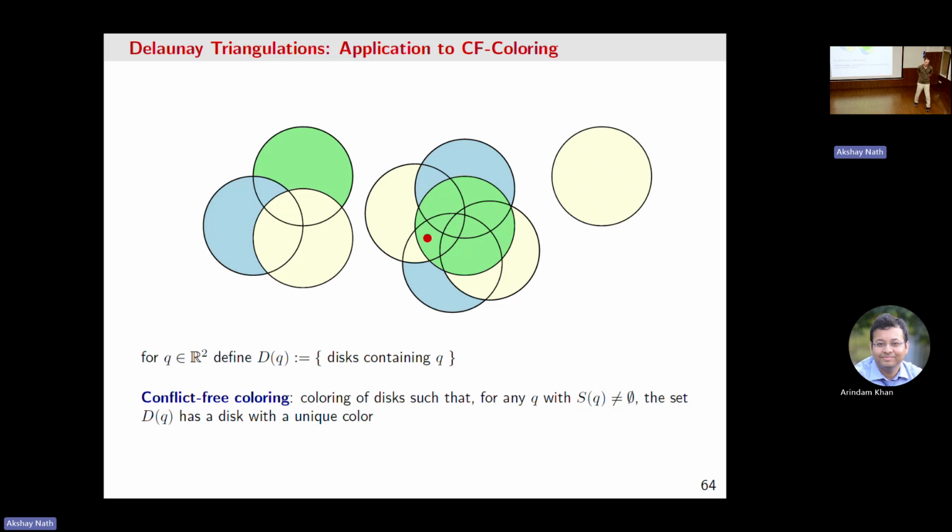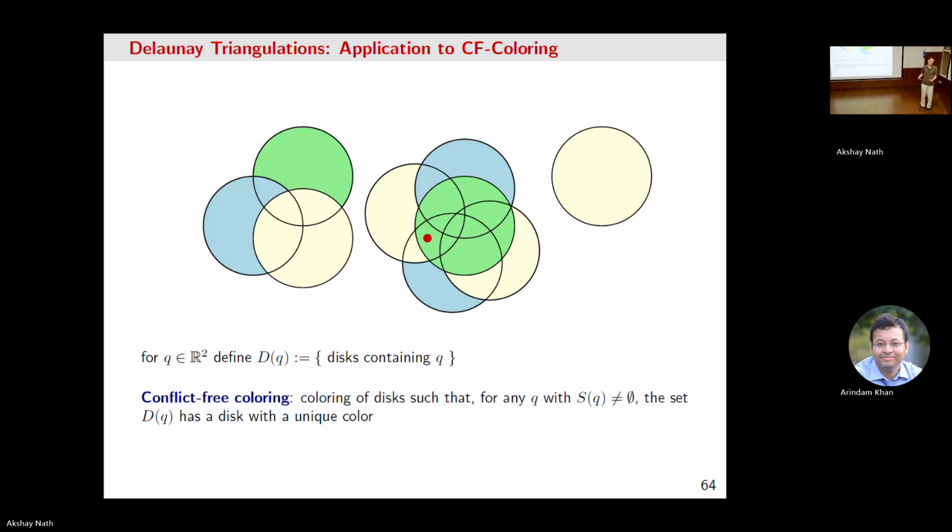So maybe intuitively, you could say: if for any possible subset of disks there would be a point that is contained in exactly that subset and nothing else, then you're probably in trouble.